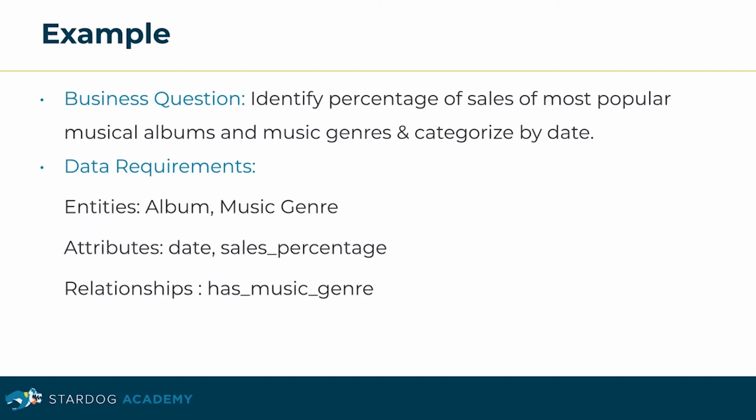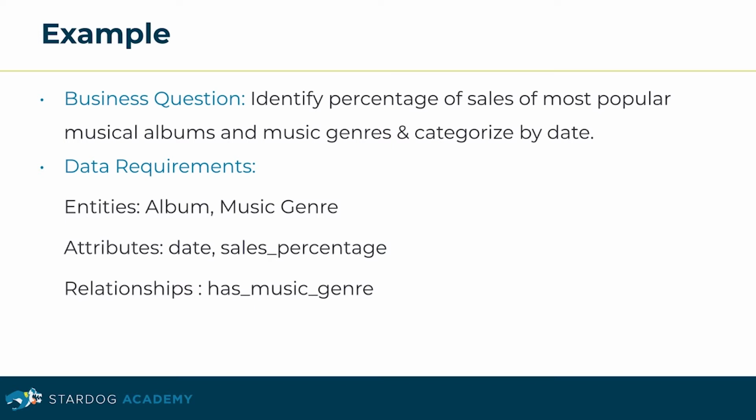So let's look at an example. Here we have a business question example taken from the music dataset domain. And here is the question: identify the percentage of sales of most popular musical albums and music genres and categorize by date.